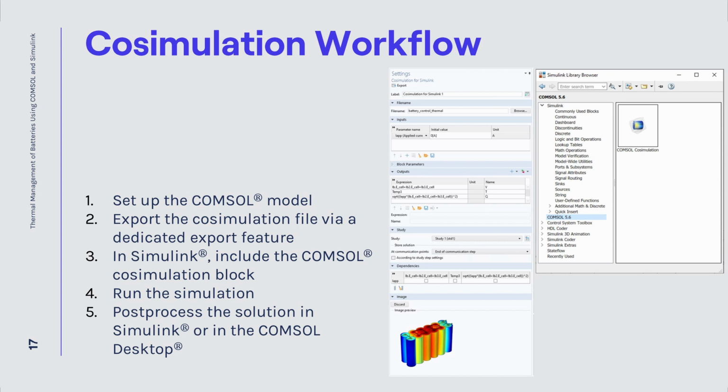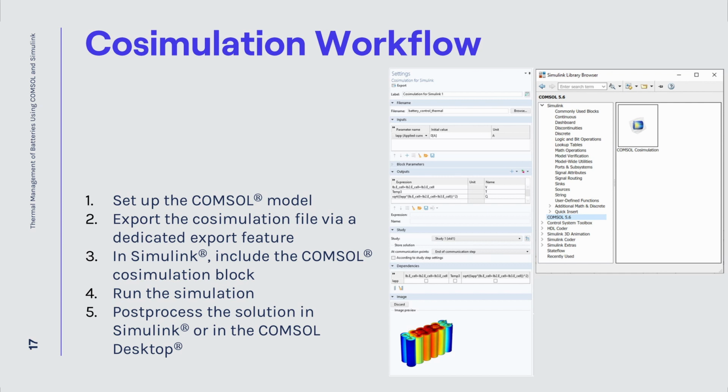Then you start Simulink and drop the COMSOL co-simulation block into your model. You set up the parameters, the controllers, whatever you need for your design. Then you run the simulation inside Simulink, and you can post-process the results there also. So that's the current workflow here.